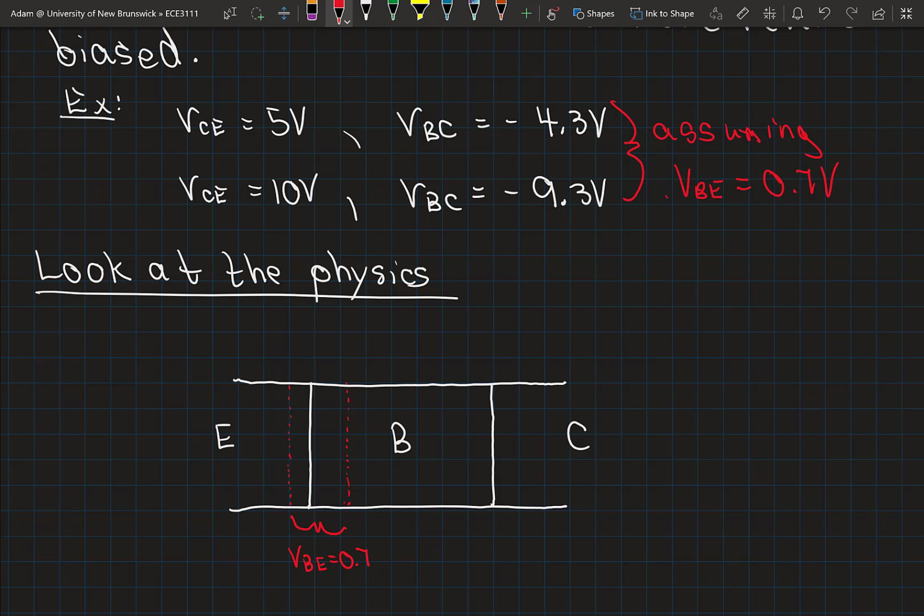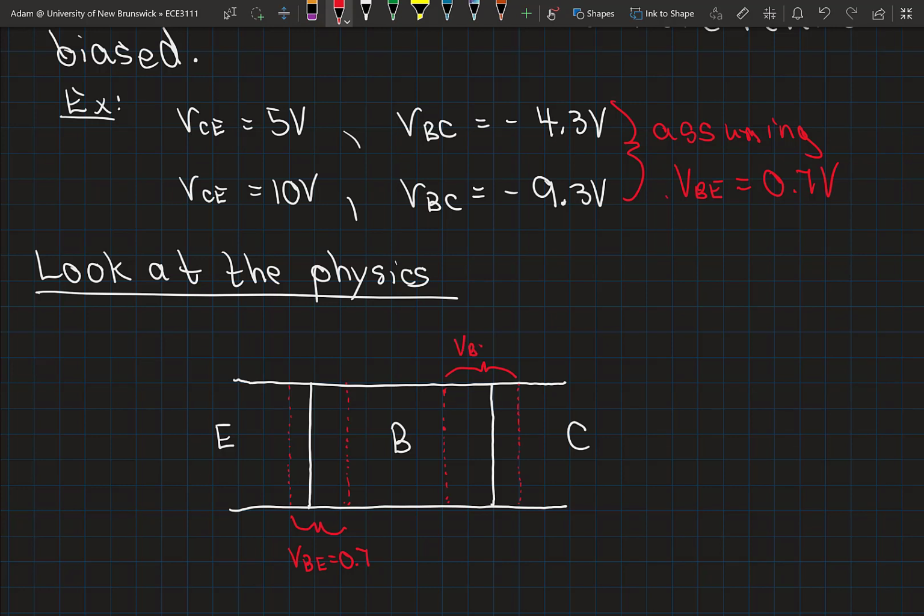However, for our base to collector junction, we recall some time ago we talked about the width being impacted by the magnitude of the bias, right? Increasing reverse bias is going to cause a widening of the depletion region.